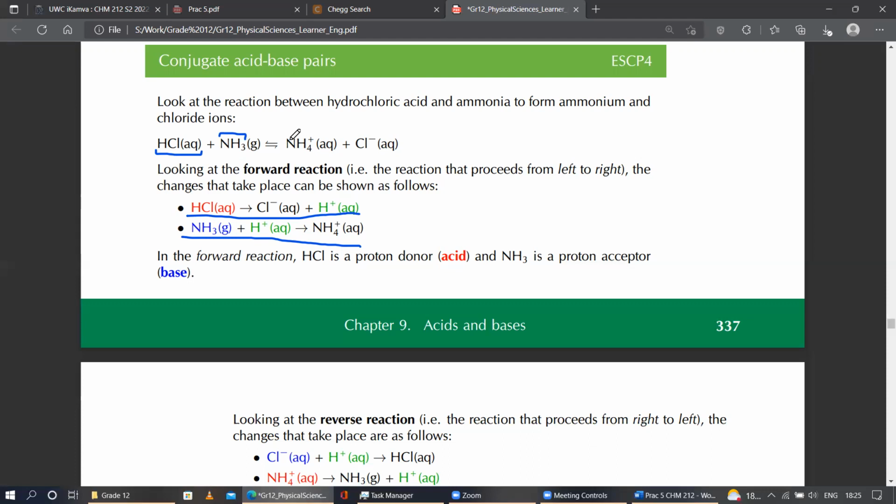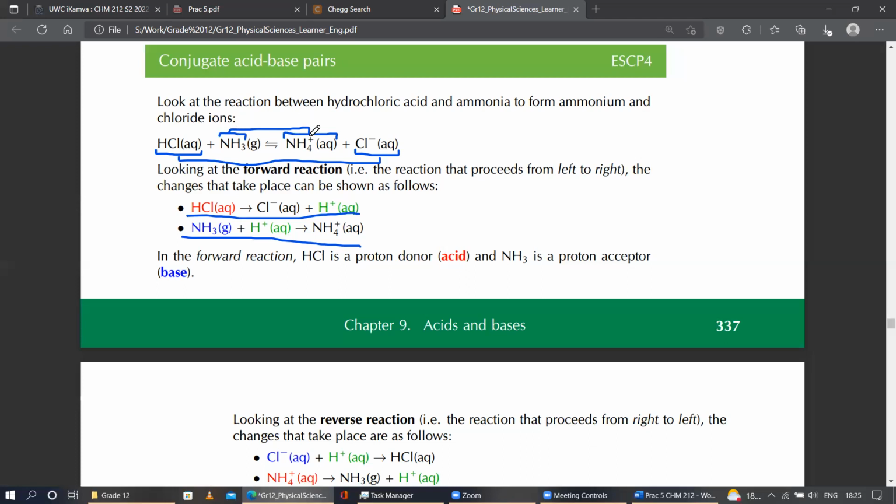So if you look at it, this is now gonna have to be our acid, and this is our base. So that means this base turns into this acid, and this acid is gonna turn into this base. So those are the conjugate acid-base pairs.